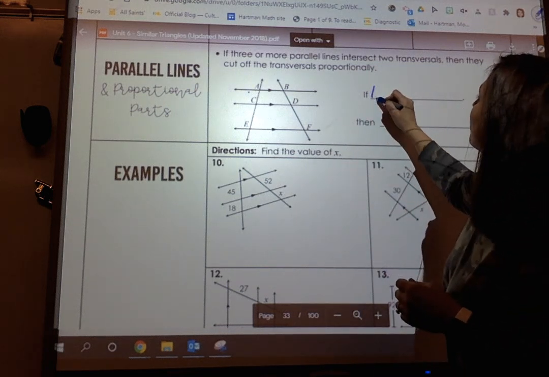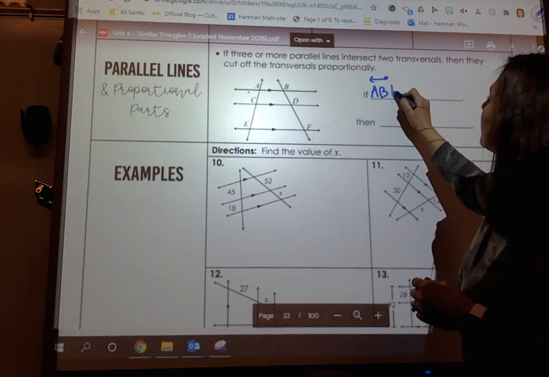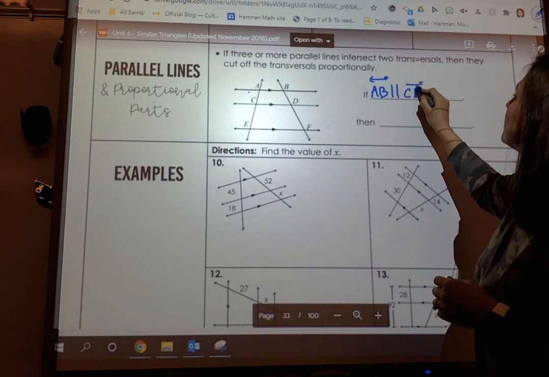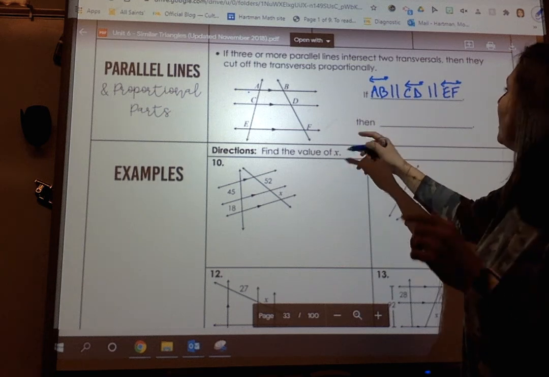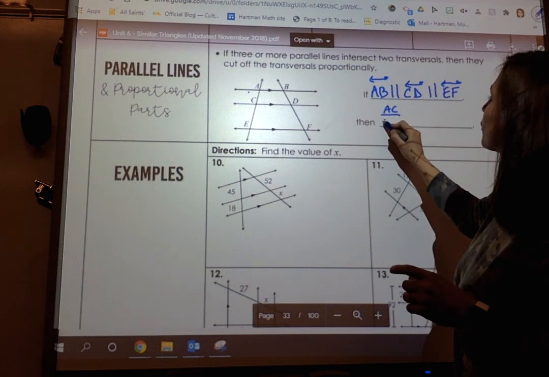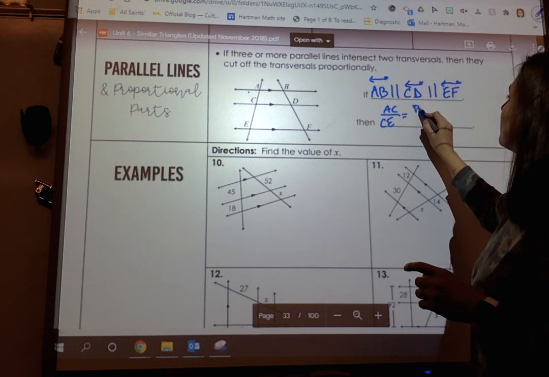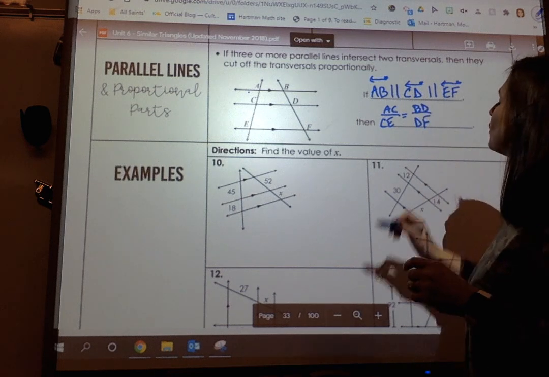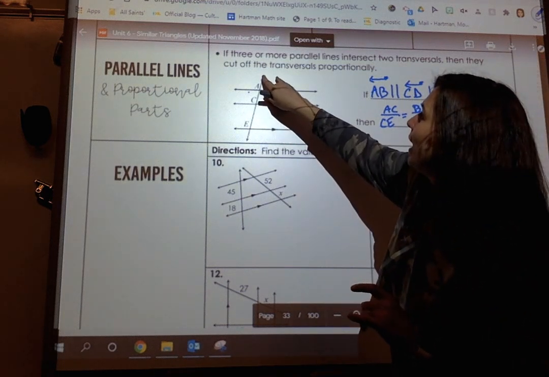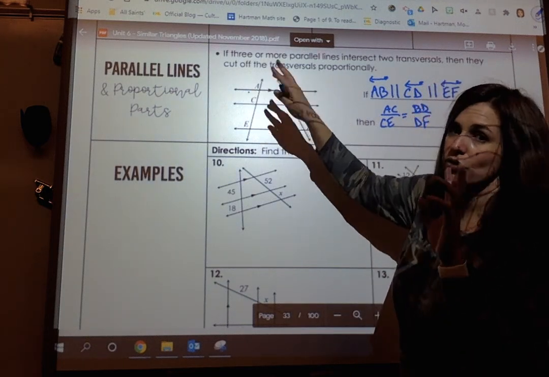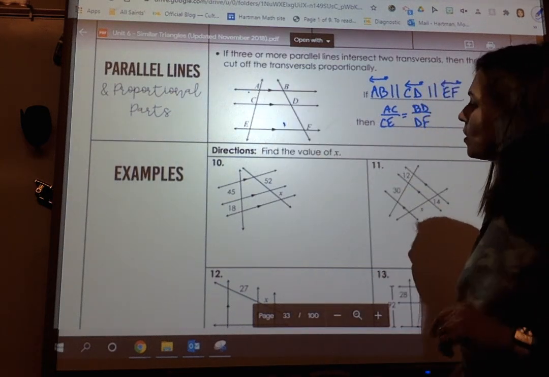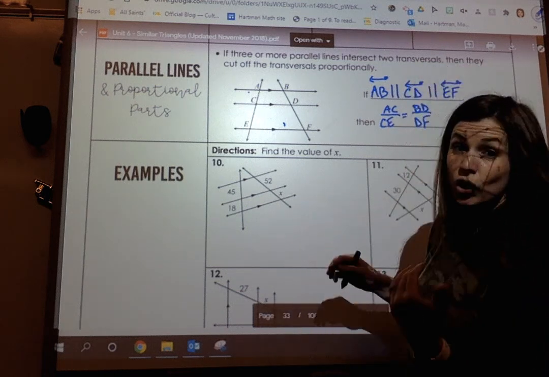So, if line AB is parallel to line CD, which is parallel to line EF, then I can say AC is proportional to CE and BD is proportional to DF. It's almost the same, except, instead of making a triangle, we here have parallel lines cutting through 2 transversals. So it's going to look the same.